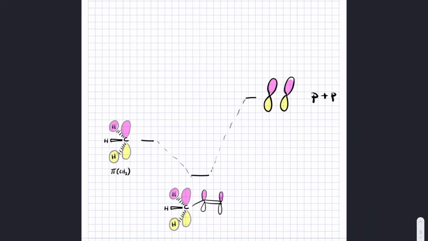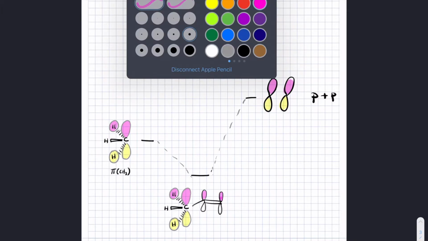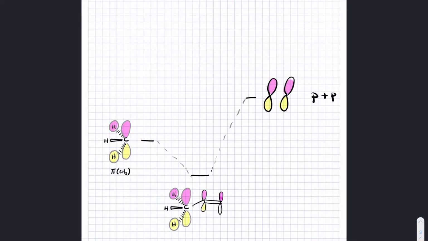But you can see that if you were to look at this molecule, which happens to be propene, you would expect to actually see a pi orbital delocalized over the whole molecule, sitting on that methyl group too.